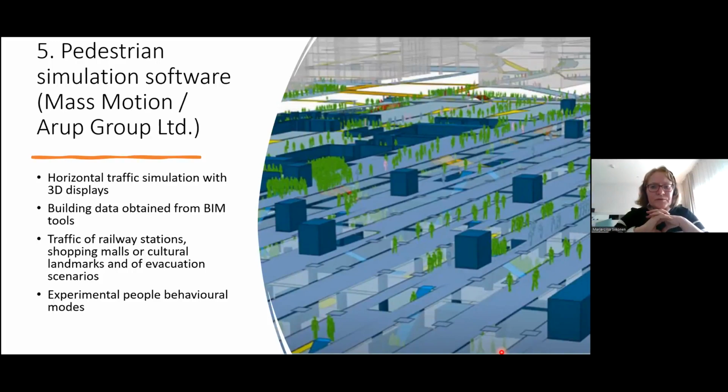They also feed first the building information model in the simulator, and then feed traffic and see how well the people fit and how well they are served, if there are queues like we can see here. And they have their own experimental people behavior models in the simulator.